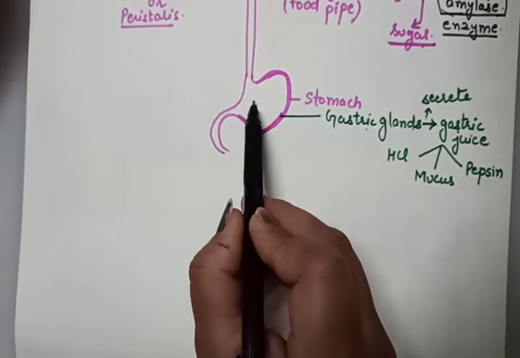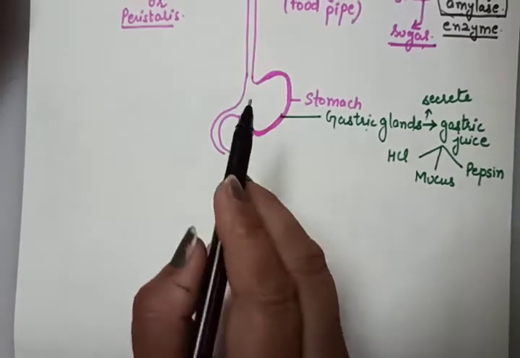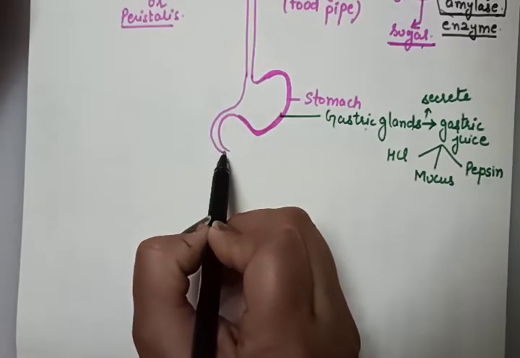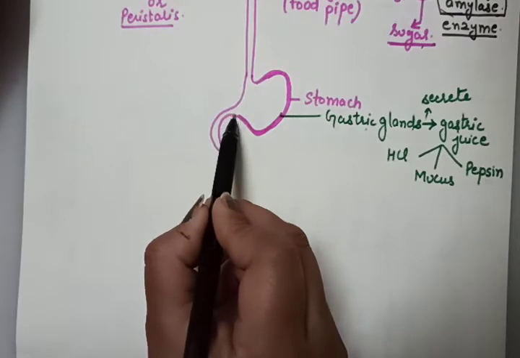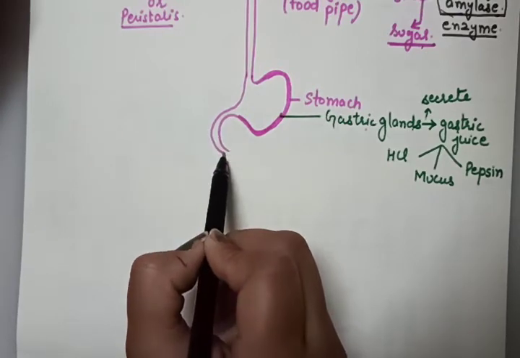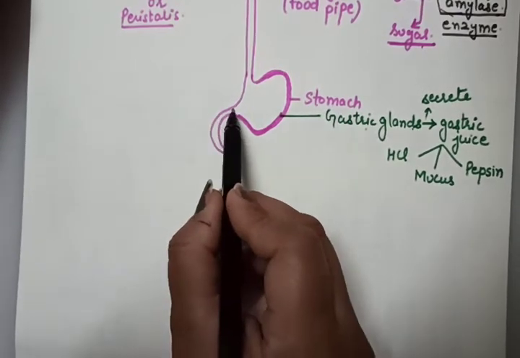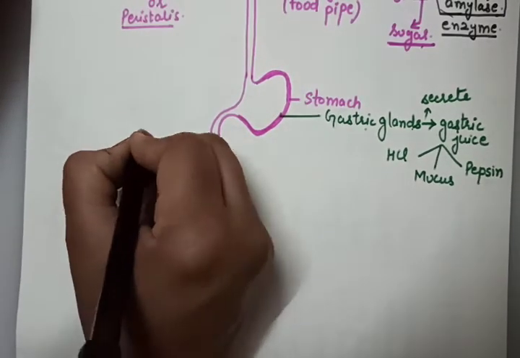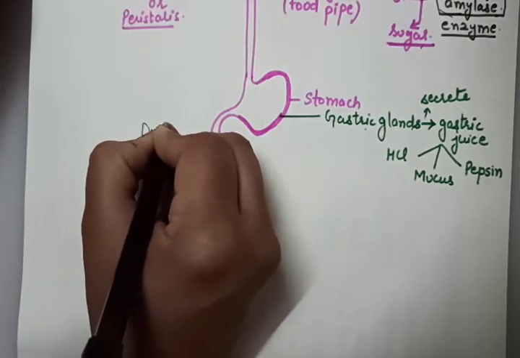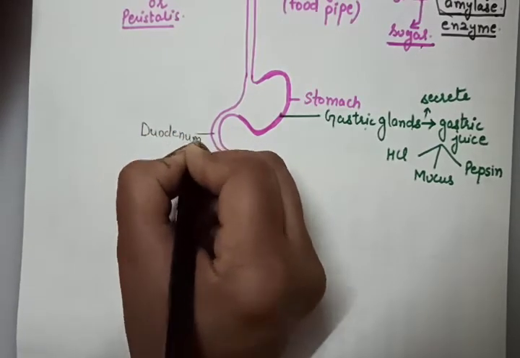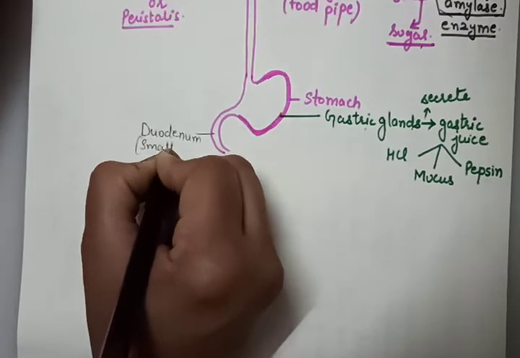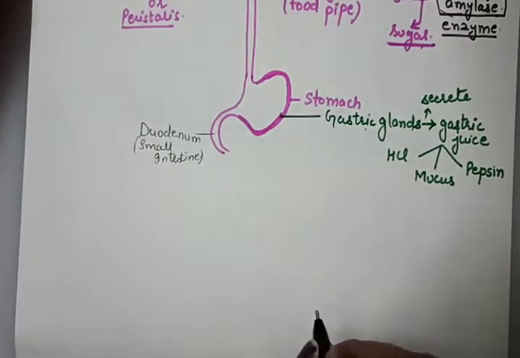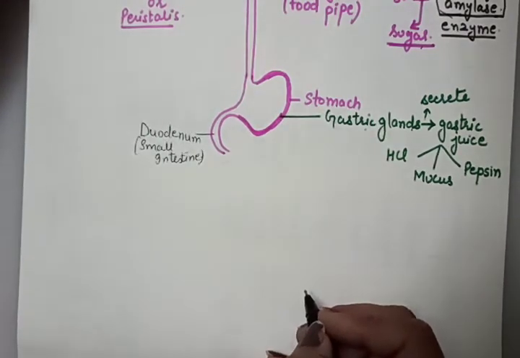After the food gets digested in the stomach, it goes further, that is to the small intestine. From here the small intestine part starts, and this C-shaped or curved part of the small intestine is called duodenum. It is the part of the small intestine.